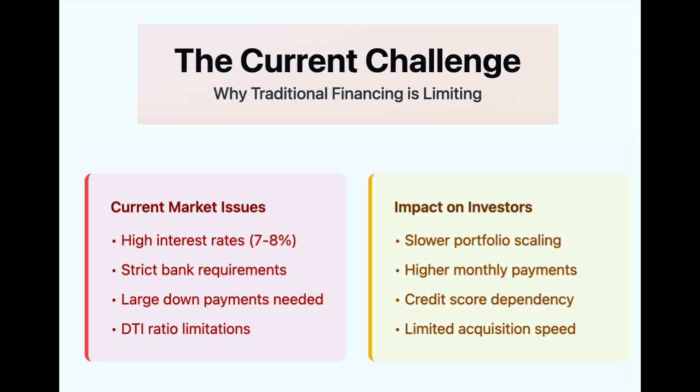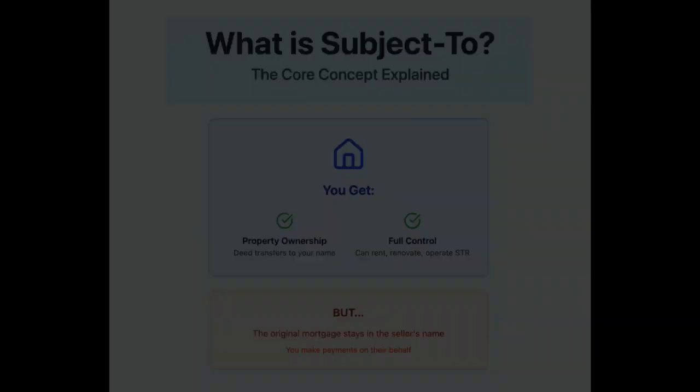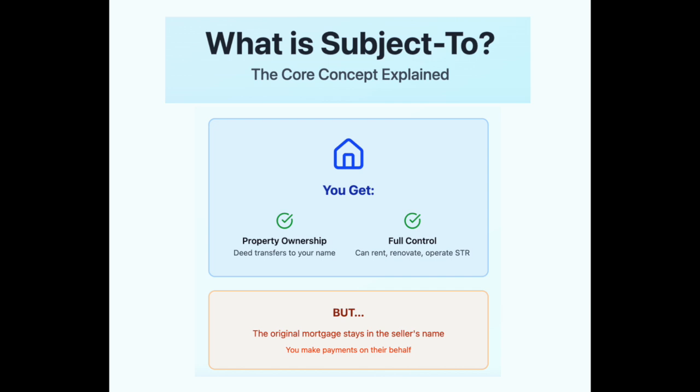Right. And you've brought some material today that digs into a really interesting, creative way to maybe get around some of those roadblocks. We're talking about buying property subject to the existing mortgage. That's right. It's a strategy that, when it's done correctly, can let you bypass those traditional lending hurdles almost entirely.